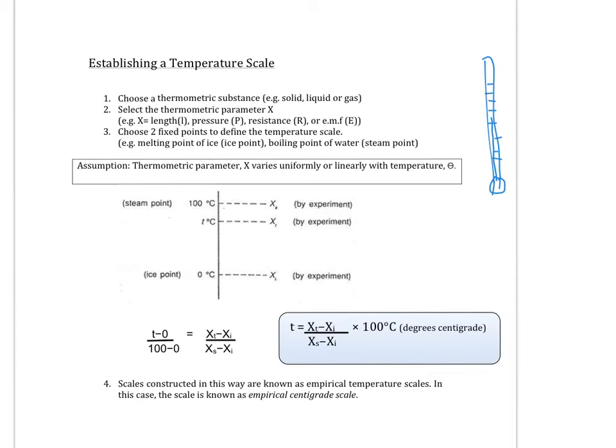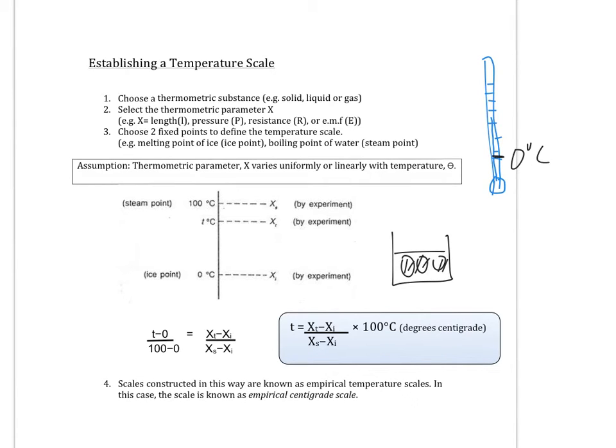If you were to think about it carefully, most of the students would give me this answer. They would say they will place it in a beaker of ice, which is called melting ice, and put the thermometer in and see how long it is. Let's say they mark the point as 0.